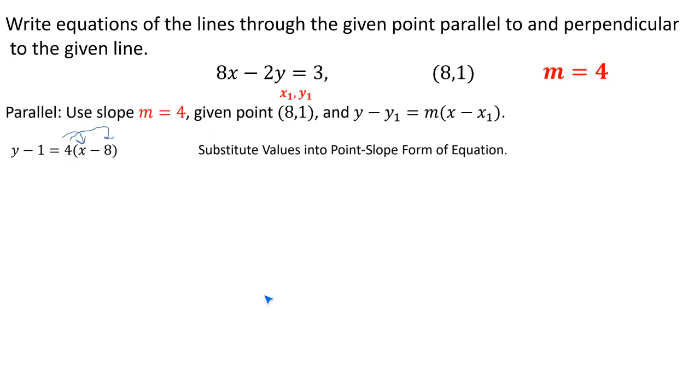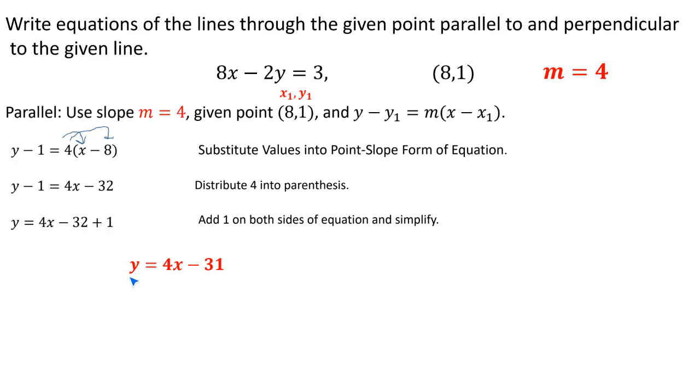And then we're going to distribute the 4 into the parentheses. So when we do that, we end up with y minus 1 is equal to 4x minus 32. If I add 1 on both sides, then we can simplify. And we end up with y is equal to 4x minus 31.